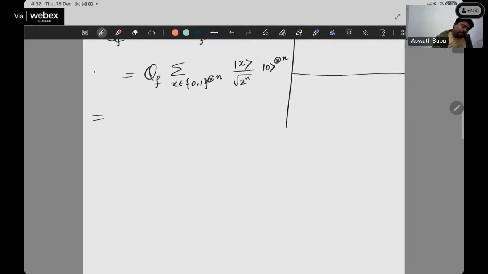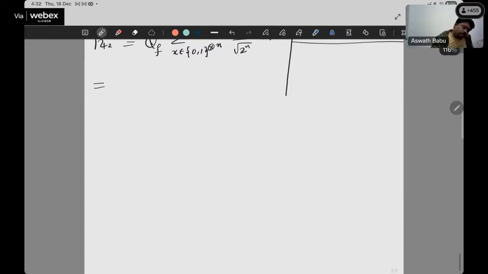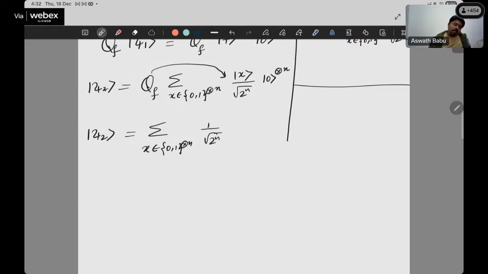Now what is psi 2? Psi 2 is summation over x belongs to 0 comma 1 tensor n, 1 by 2 to the power of n. You can keep the fraction outside, or inside if you want. Fourier transform x ket 0 ket tensor n. Now what is the answer?